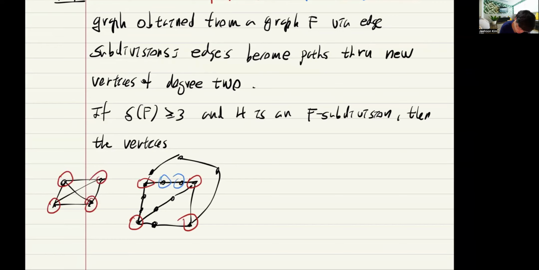And these vertices are new vertices, which don't correspond to any vertex in the original graph. And we give a name to these vertices.